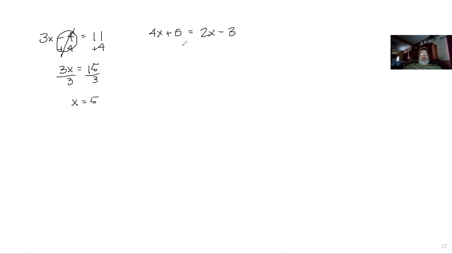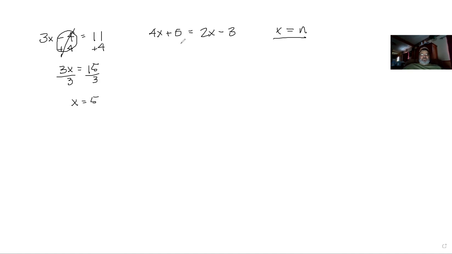We want to get x by itself on one side of the equal sign and then have some numerical value on the other side. But right now, everything is kind of scattered all over the place. So what we need to start doing is moving things around so we can get to this kind of structure.